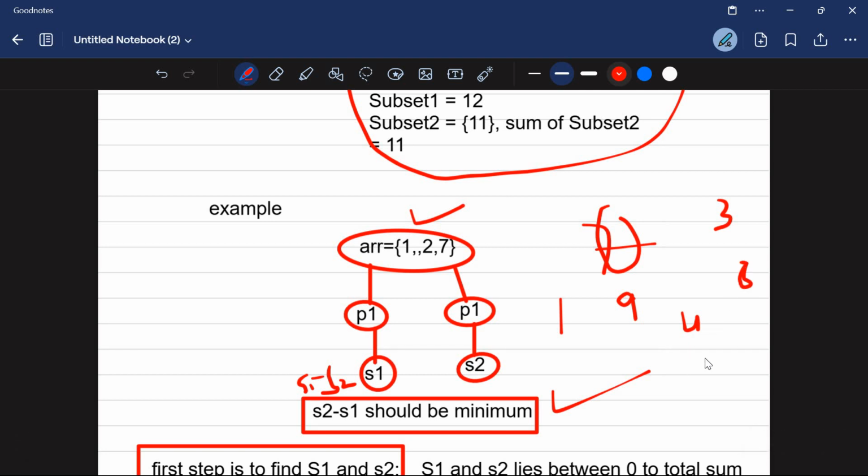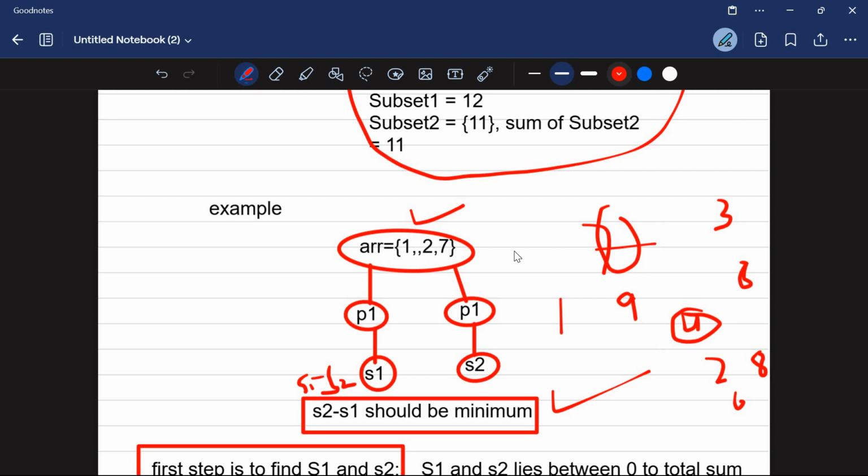Now let's consider I have 2 here, and 7 plus 1 is 8. 8 minus 2 is equal to 6. That is larger. So the minimum value is only 4, when we consider 7 alone against 1 and 2 together. I hope you understand the problem statement, what the question says.